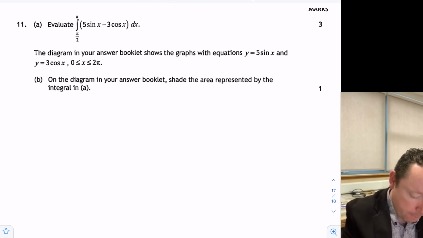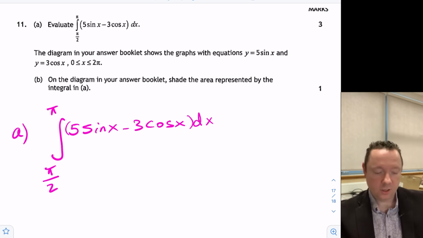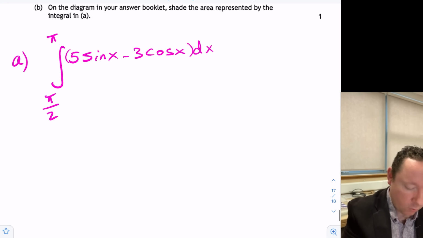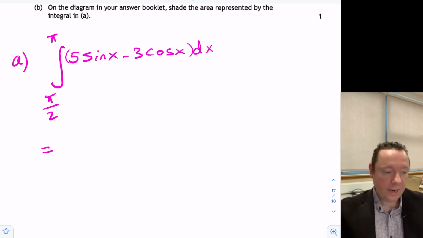So part A, the integral between pi over 2 and pi of 5 sin x minus 3 cos x dx. I'll stick to radians for this, because integration only works in radians, it doesn't work in degrees anyway. So check the front of the exam paper and it will tell you that sine integrates to minus cos.